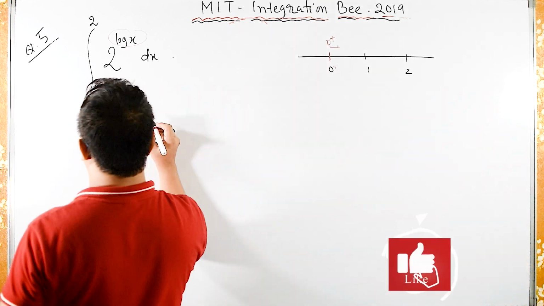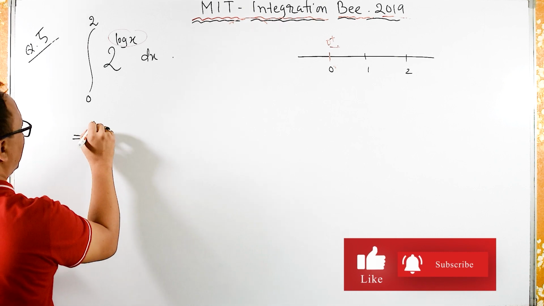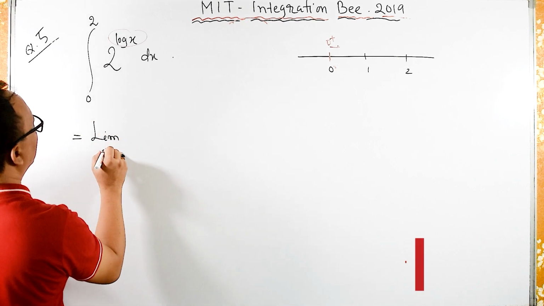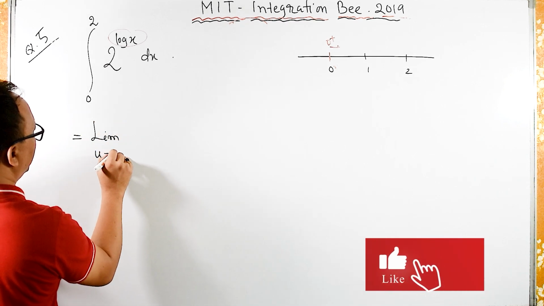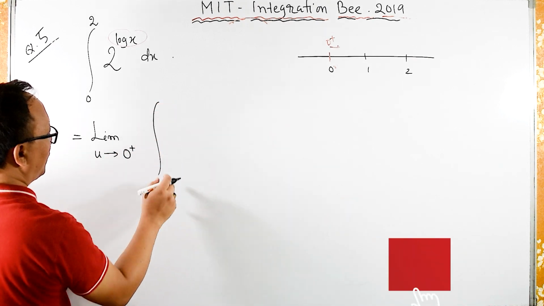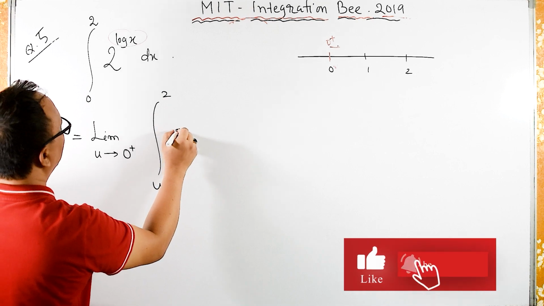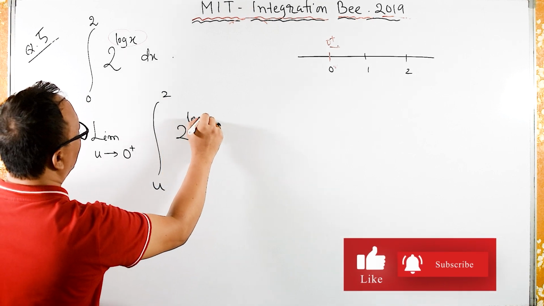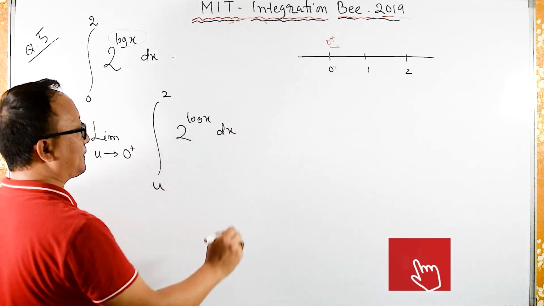So this can be written as limit of, I will assign u here, u tends to 0 plus, integral from u to 2 of 2 raised to log of x into dx.